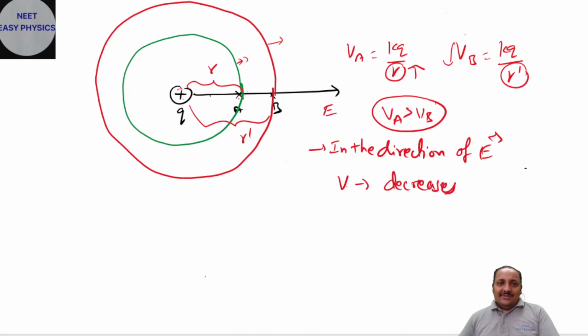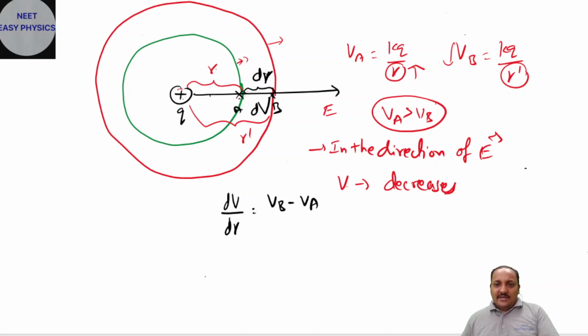So through this distance from A to B, let us assume dr, we will take r dash minus r. What is the potential difference? Through distance dr, the potential difference is dV. So generally we will write dV by dr. What is this dV?